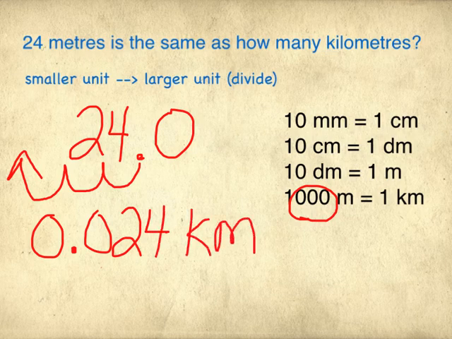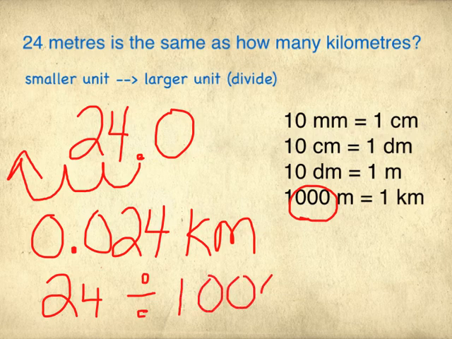So that 24 meters is the same as 0.024 kilometers. And if we think what's happening mathematically, we're taking the 24 and we're dividing it by 1,000. And you would still get the answer of 0.024.